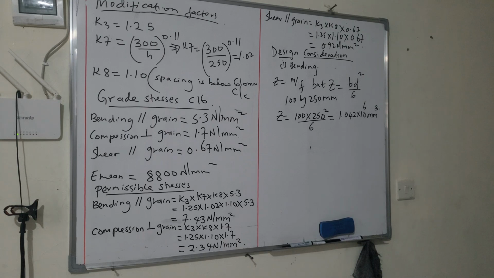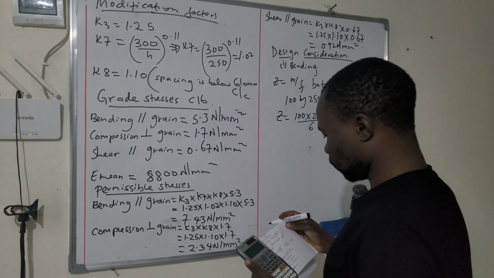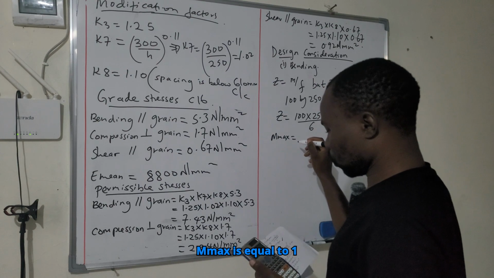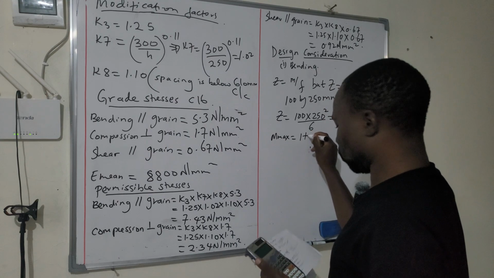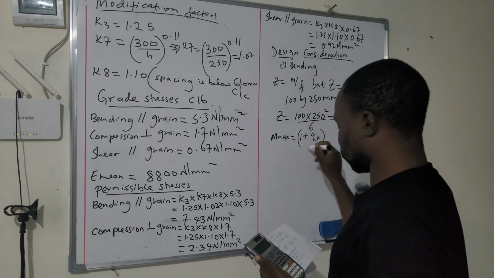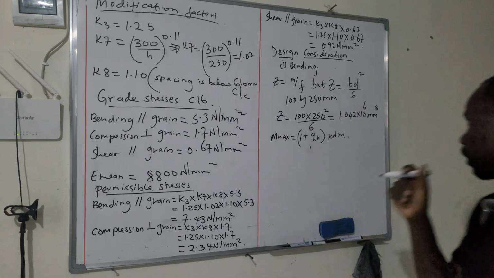After doing so, we know that our maximum moment is M max is equal to 1 plus qk kilonewton meter.